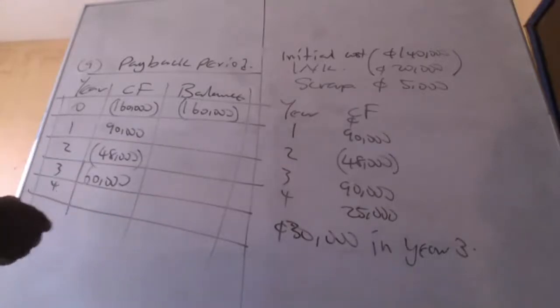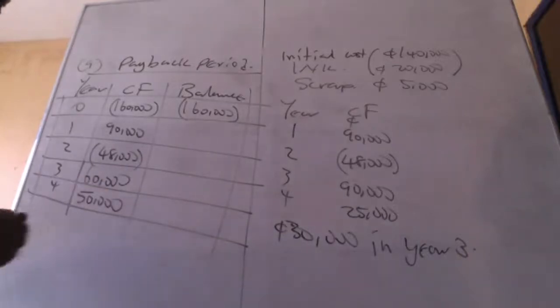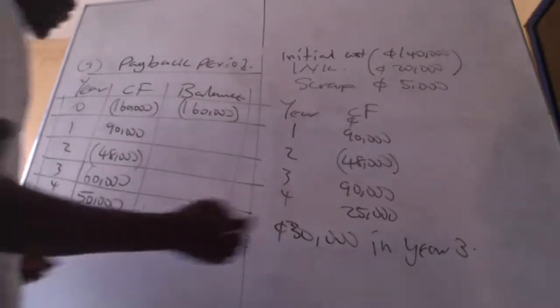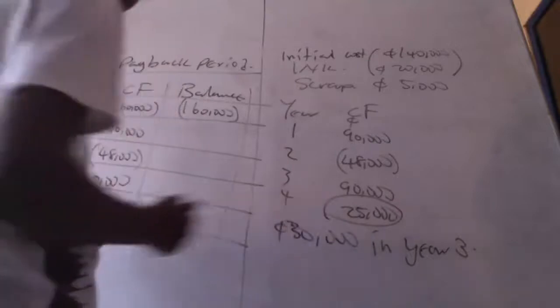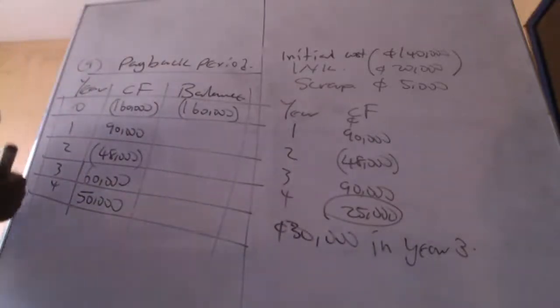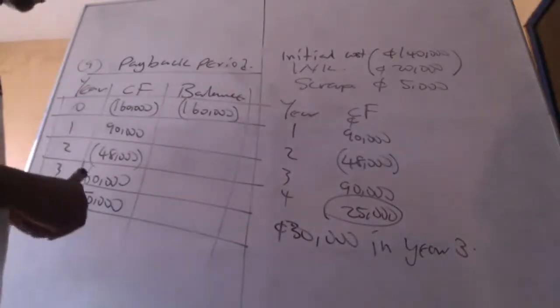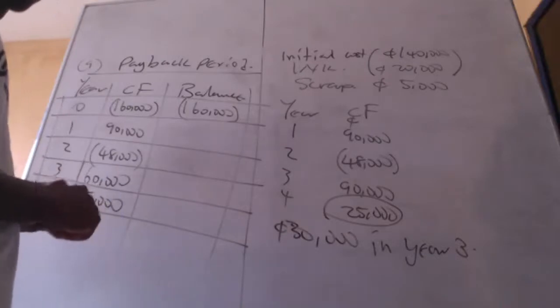Check from the original question. So in all, it will be 50,000. Agreed. Now please confirm this cash flow. It is 25,000, not 35,000.